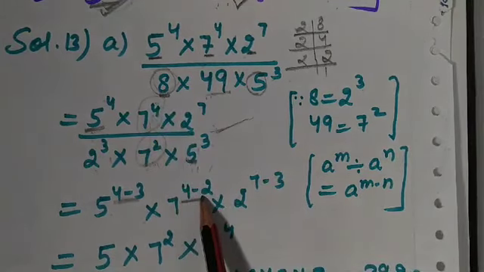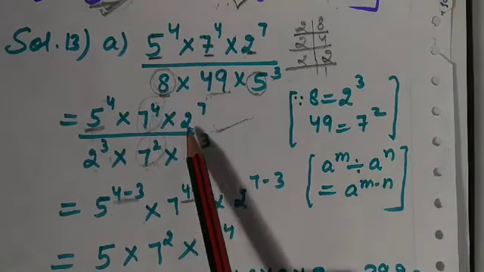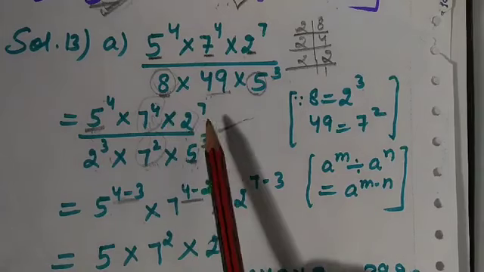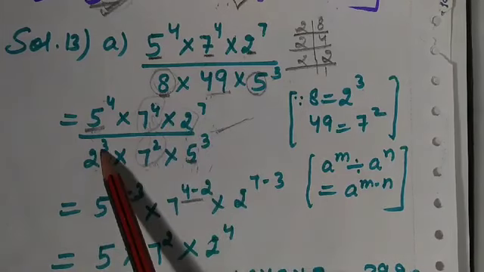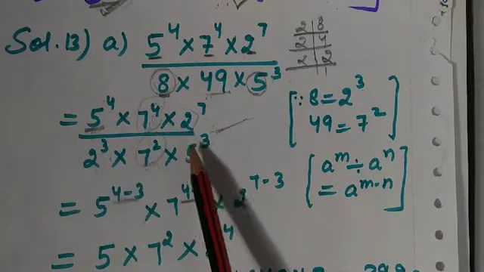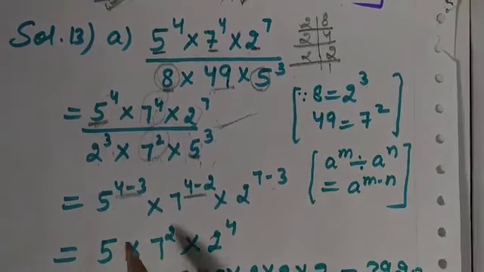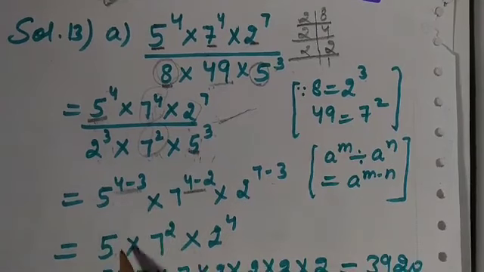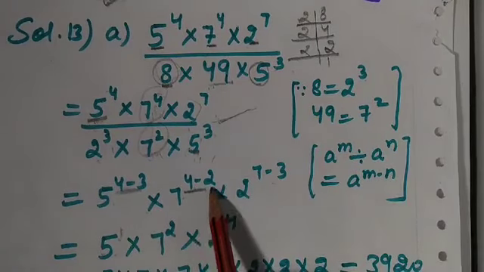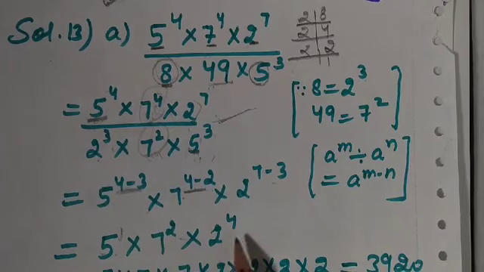So I have subtracted the powers of 5. Same for 7. These two numbers have the same base and are in division, so the powers get subtracted. Same for 2 raised to the power 7 and 2 raised to the power 3, so we have 2 raised to the power 7 minus 3. Now we are left with 5 to the power 4 minus 3, which is 1, so 5 raised to the power 1. 7 raised to the power 4 minus 2 is 7 raised to the power 2, and 2 raised to the power 7 minus 3 is 2 raised to the power 4.